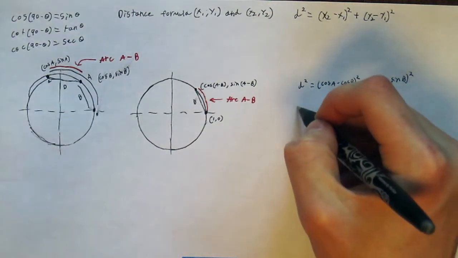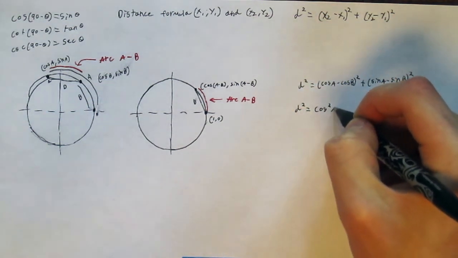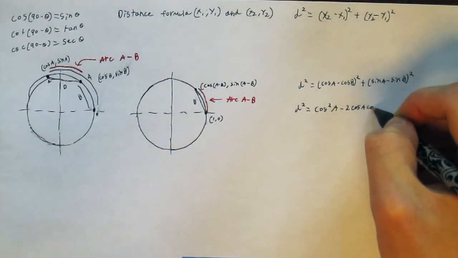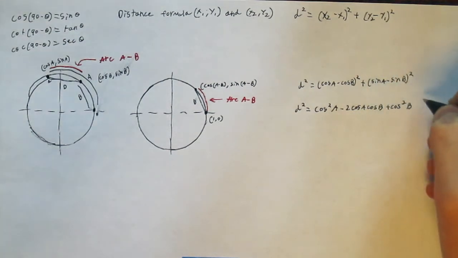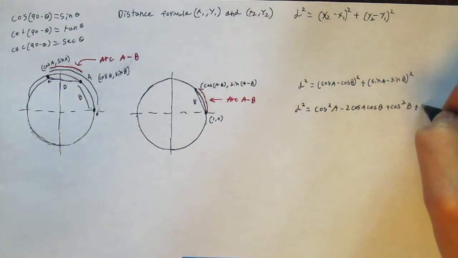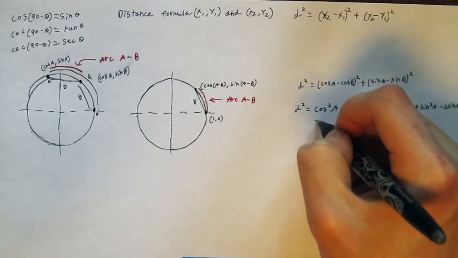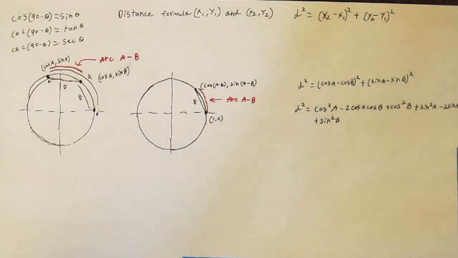When we square this out, we get that d squared equals cosine squared of A minus 2 cosine A cosine B plus cosine squared B. And then that plus sine squared A minus 2 sine A sine B plus sine squared B. Sorry, I couldn't fit that on one line.